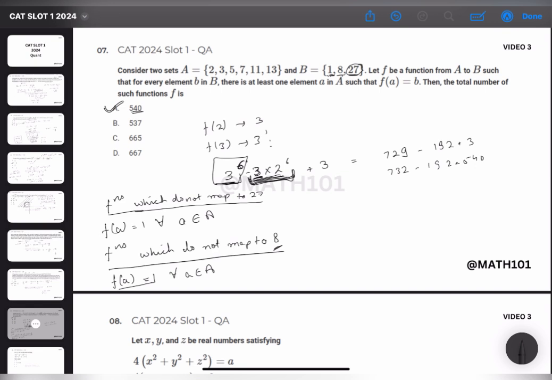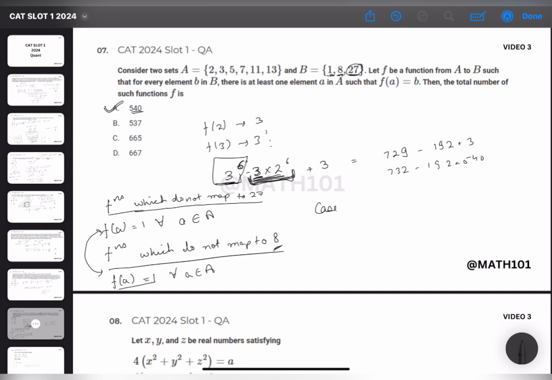Now out of these different number of functions, we have subtracted these functions twice, because this function f equals to 1 constantly would be subtracted for 27 and 8 as well in both these cases.